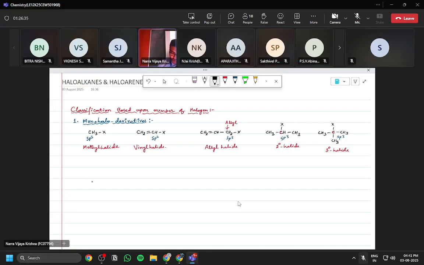We will take one more example also. What about this one? Is it a monohalo derivative or not? And we call that carbon benzylic carbon, right? So what do we call it? Benzyl halide.